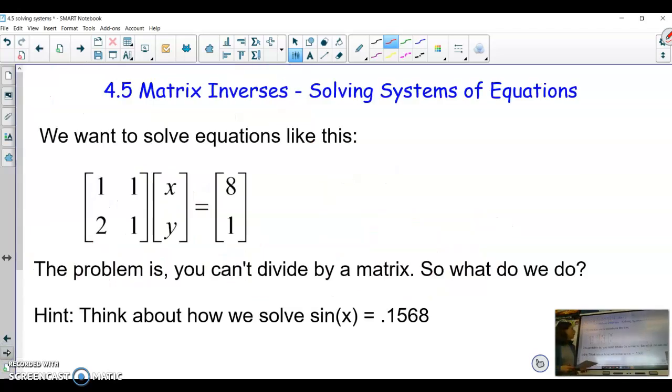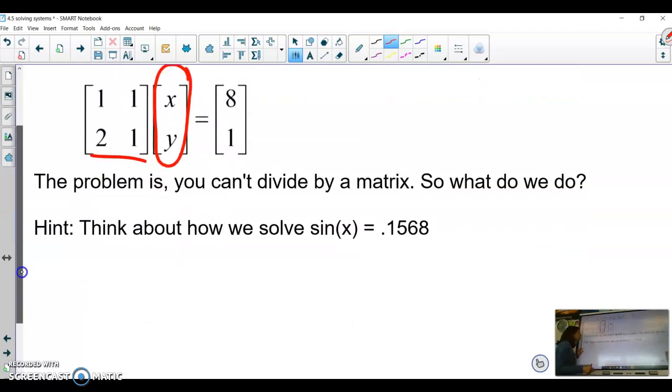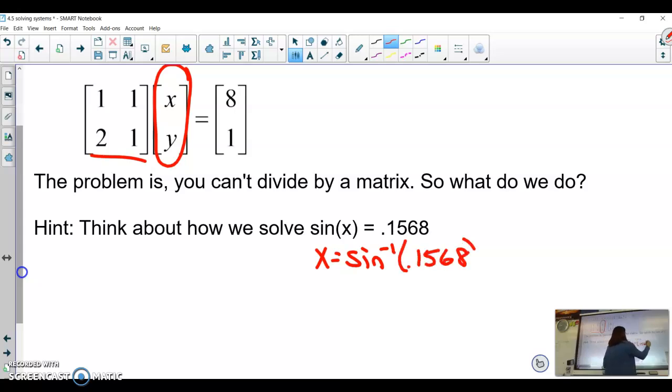So our goal for today is to solve equations that look like this. And we want to get this XY matrix by itself. Well, the thing is, matrix division is not a thing. So normally if we had multiplication, you would just tell me to divide by what's in front. But we can't divide by a matrix. So what we have to use is inverses. Similarly, when we had an equation like this and I wanted to get the x by itself, we couldn't divide by the sine, so we took the inverse sine in order to solve.